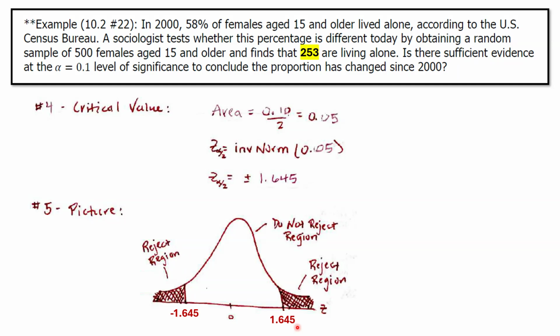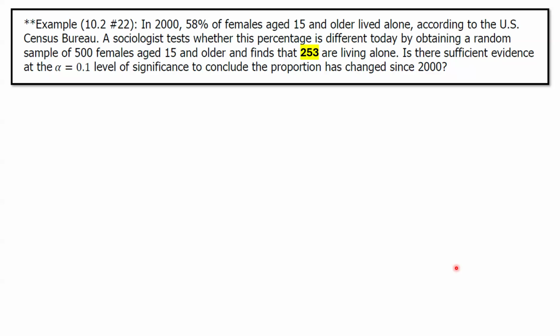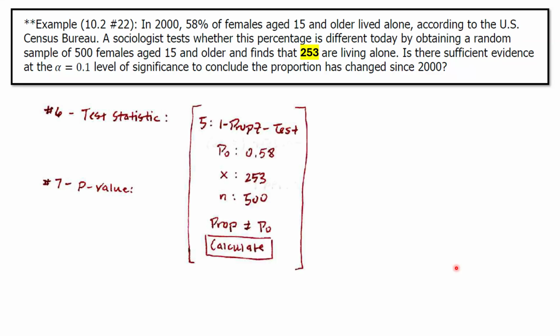Okay, and then the test statistic will be marked on this image to determine are we in the rejection region or the do not reject region. So let's go into step number 6, where we will perform our one prop z test, which will give us our test statistic as well as our p-value for our data. So in our one prop z test, we will enter in 0.58 for our p naught.